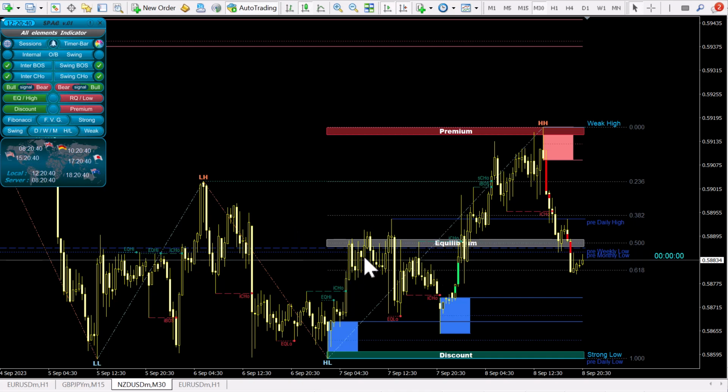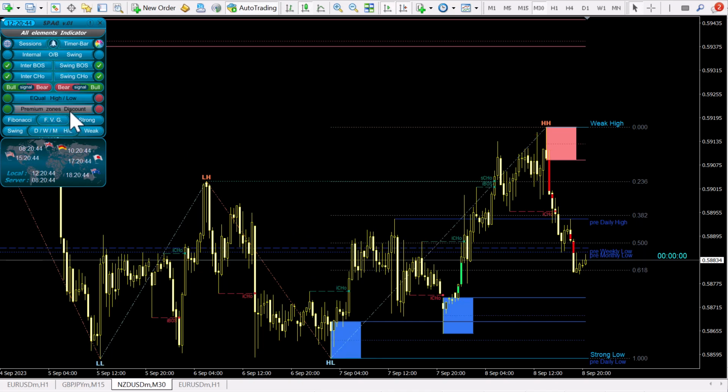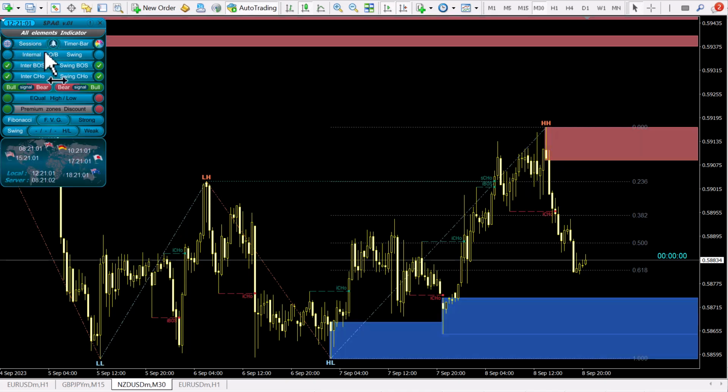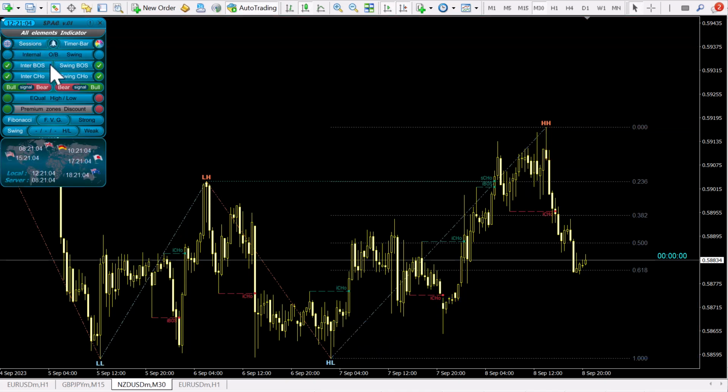So I'll start here with removing the equal lows, the premium and the discount zones, the fair value gap, these here, this one here. So let's just try and remove anything that is relevant to what we are doing here. So I'm removing the session as well. I'm keeping that, removing the order block, removing the BOS, and these as well in general.